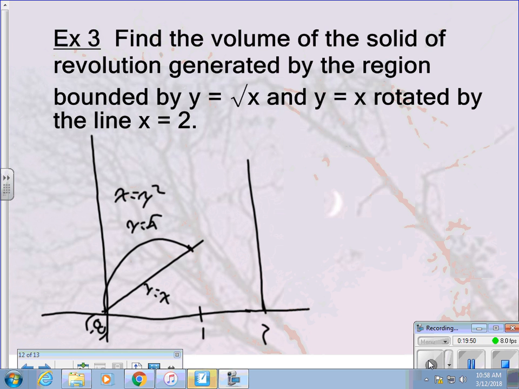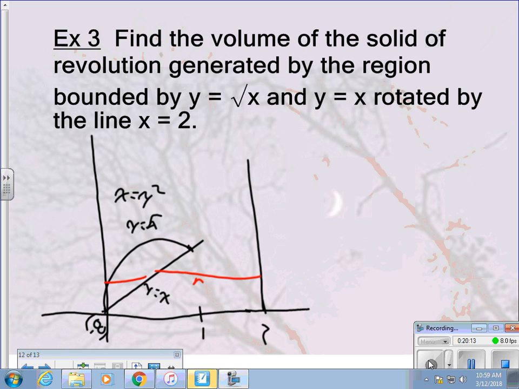Now, the little radius is not y. Because remember, this is x equals y. So in terms of y, this equation is y. It is not. y gives me this distance here.